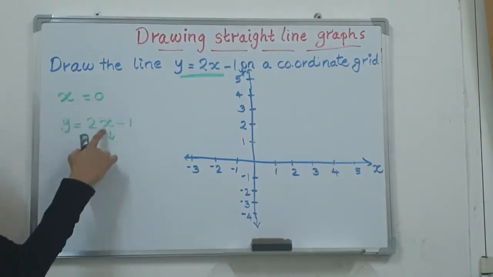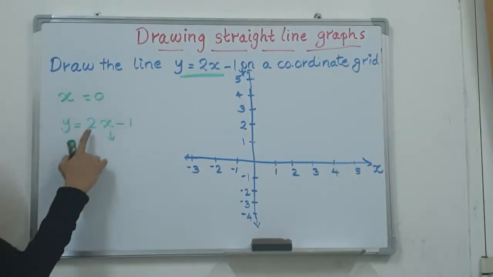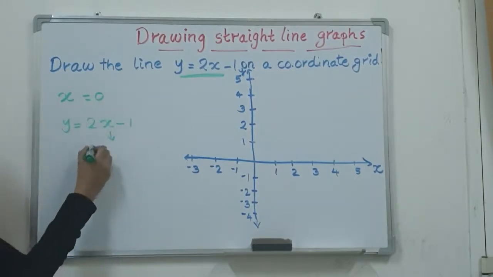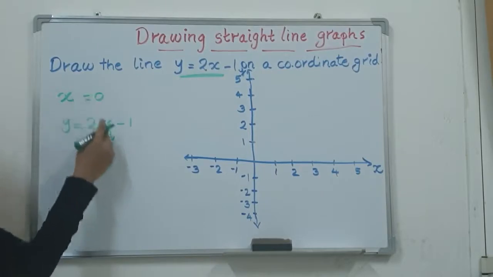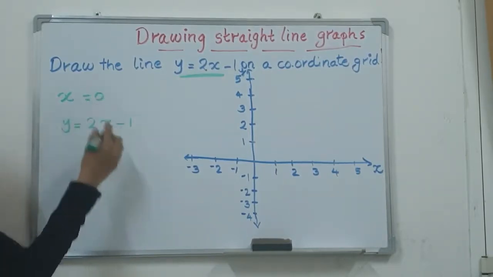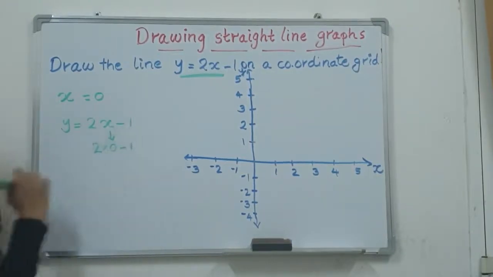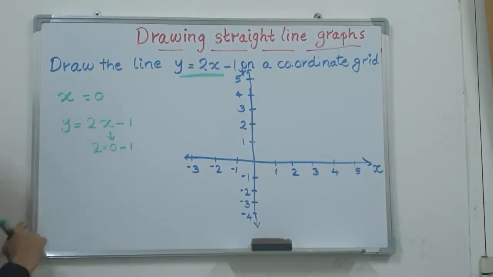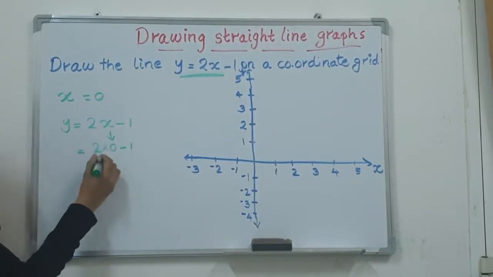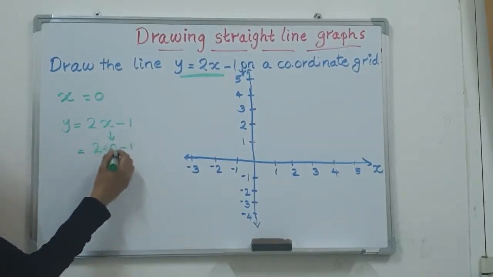If I am taking the value of x as 0, what is 2 multiplied by 0? You just multiply, because this is 2x. 2x means 2 multiplied by 0, minus 1. 2 multiplied by 0 is 0, minus 1. What is 0 minus 1?